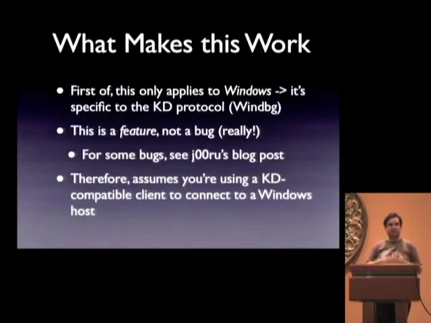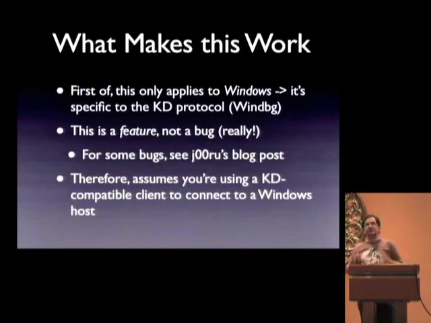So enough about me. What makes this actual attack work? So first of all, it only applies to Windows. So it is a Windows-specific attack. On the other hand, most malware that we analyze today is Windows. And it's specific to the KD protocol. So it requires you to be debugging the actual VM or the actual machine you're working with, which you typically do when you're analyzing something.